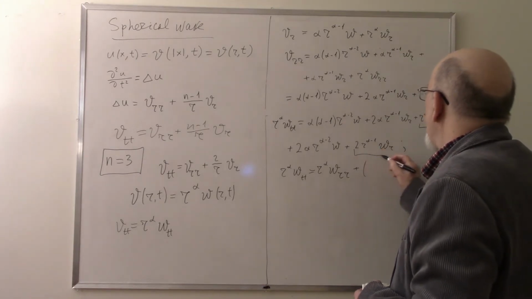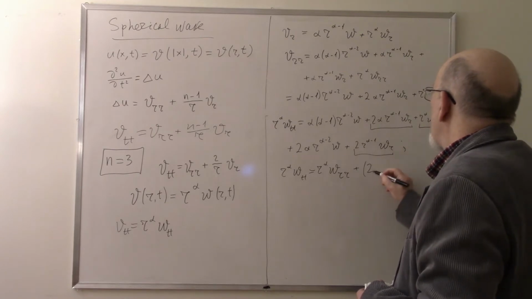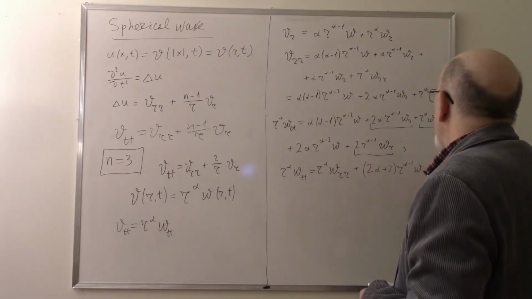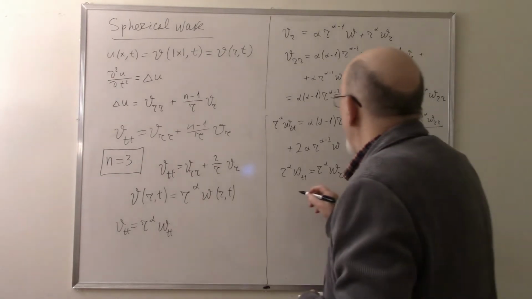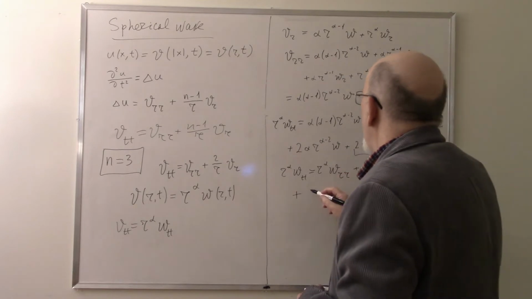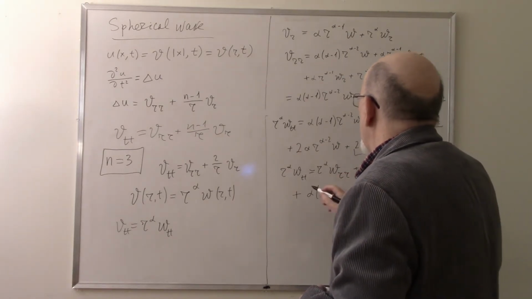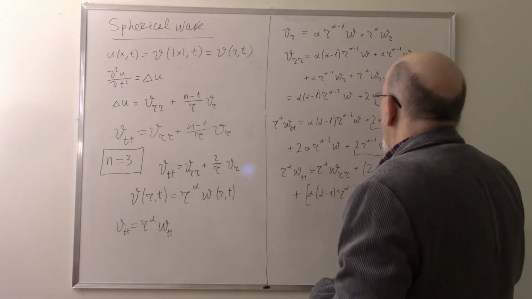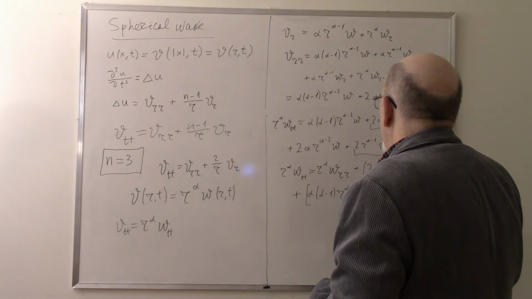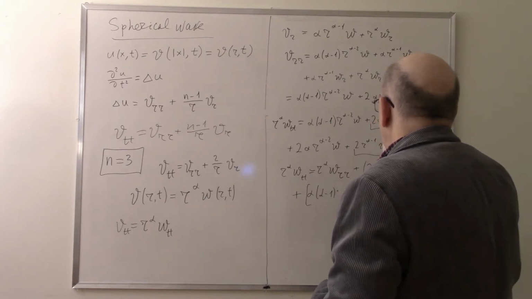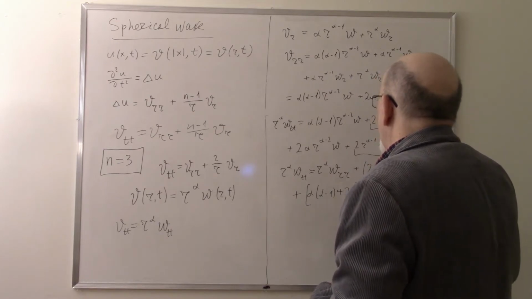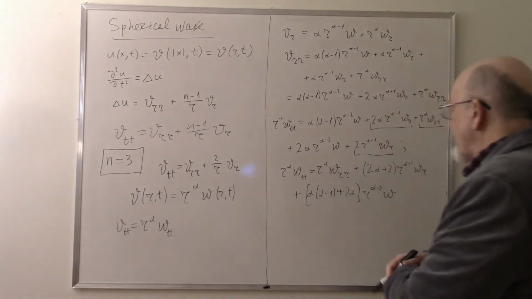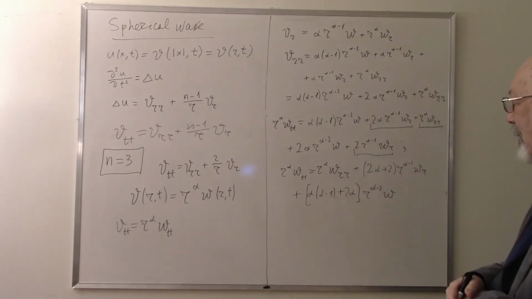So this and this: 2 alpha plus 2 R alpha minus 1 WR remains, terms with alpha plus alpha minus 1 R alpha minus 2 plus 2 alpha plus 2 alpha R alpha minus 2 W. No, at first glance, nothing good.